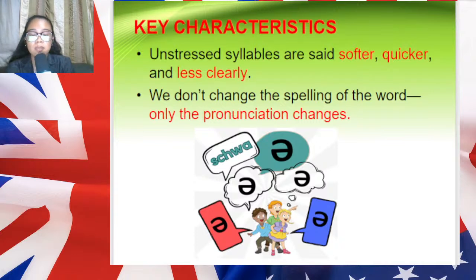As we practice more words, I want you to pay attention not just to which syllable is stressed, but also to the ones that are not. That contrast, the strong versus the soft, is what gives English its rhythm and makes you sound more natural. Let's keep going and try listening for both stressed and unstressed syllables in our next words. You've got this, everyone.